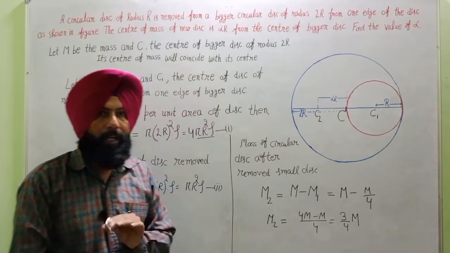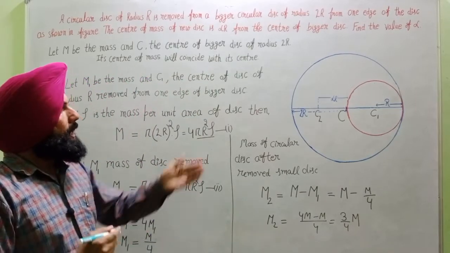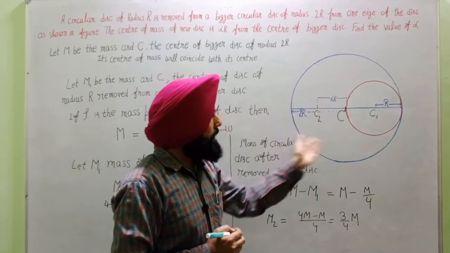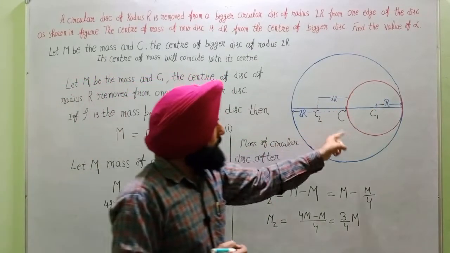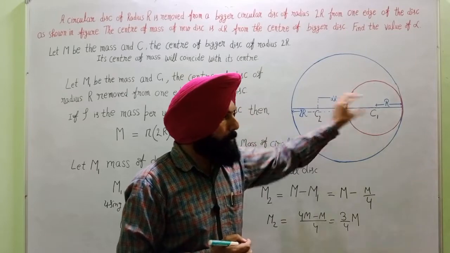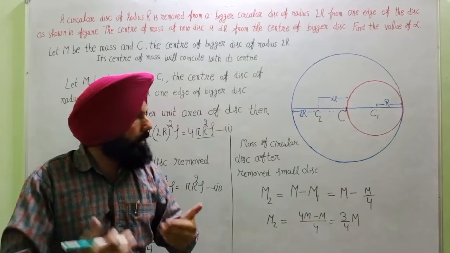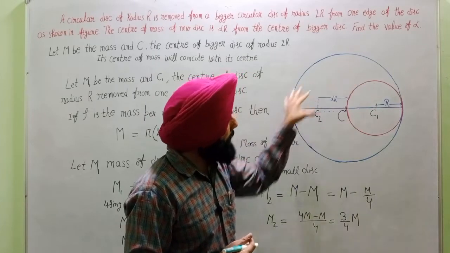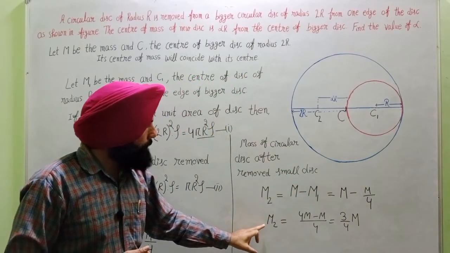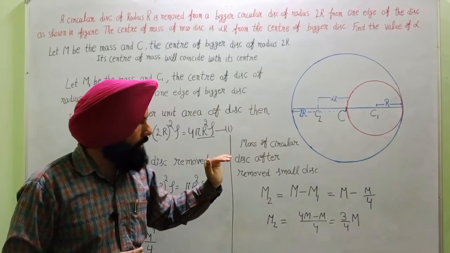Now we have calculated all the masses: before removing the circular disk, the mass of the circular disk which we have removed, and after removing the small circular disk from the bigger disk, the remaining mass of the bigger circular disk.